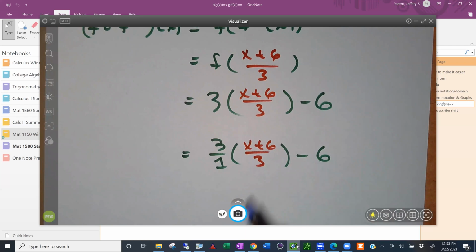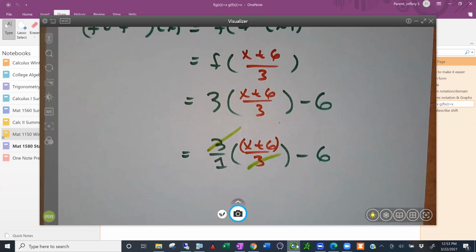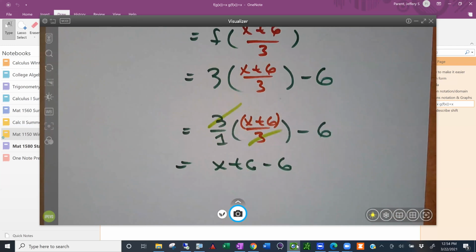You can't cancel the 3 into the 6 because this is one whole term here. So kind of think of that in parentheses. You can't cancel into a parentheses. But when there's multiplication, you can cancel. And so the next thing you'll see in WebAssign is x plus 6 minus 6. And that simplifies to just x.